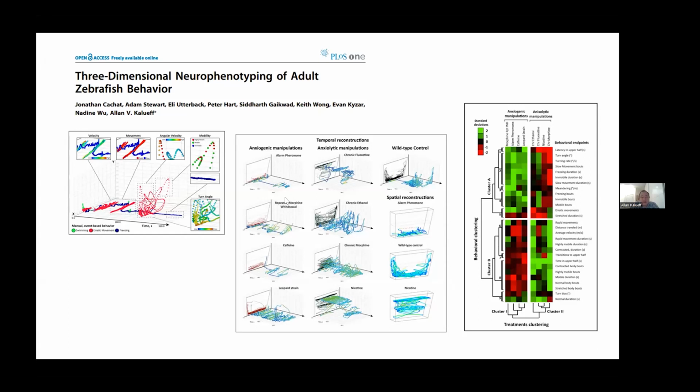And as shown here in the middle, a gallery of different traces induced by various drugs.